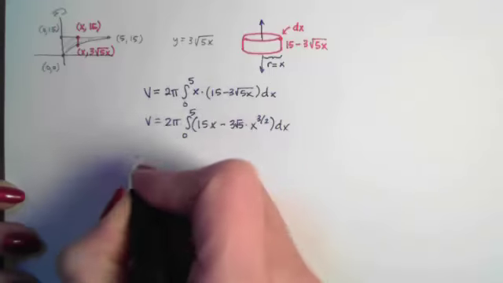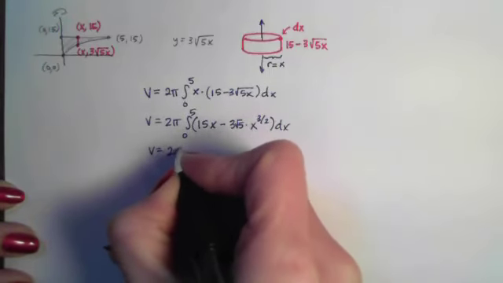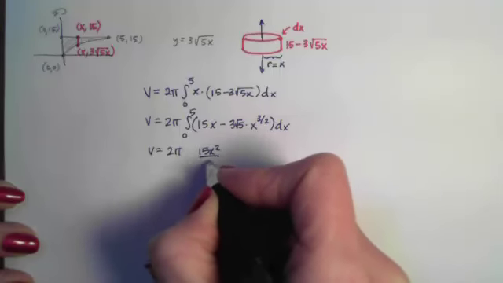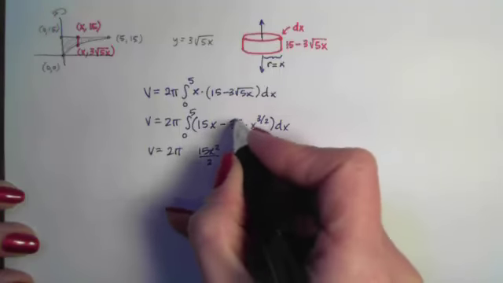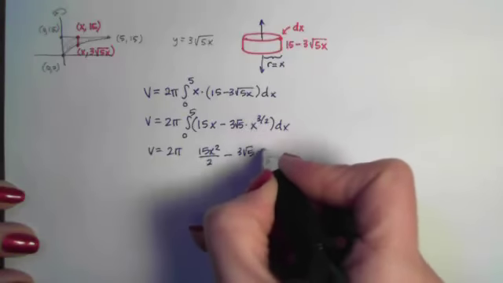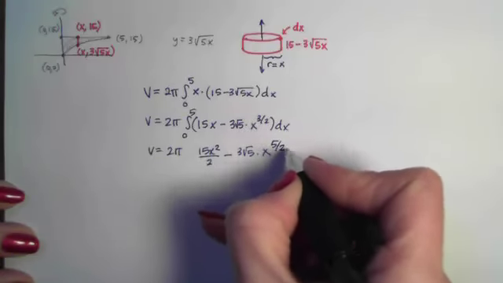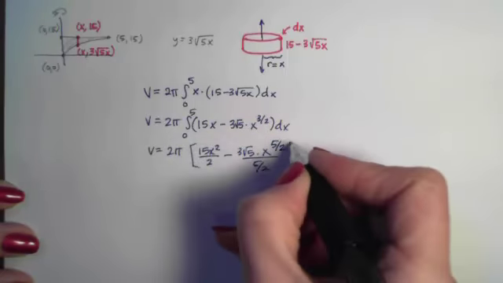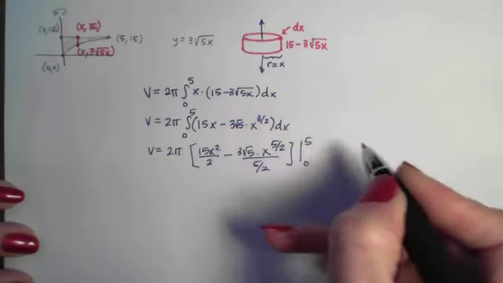from 0 to 5. So the antiderivative now will be 15x squared over 2 minus, I can move through that 3 root 5. I'll add 1 to this power, so that x to the 5/2 divided by 5/2, and that's evaluated from 0 to 5.